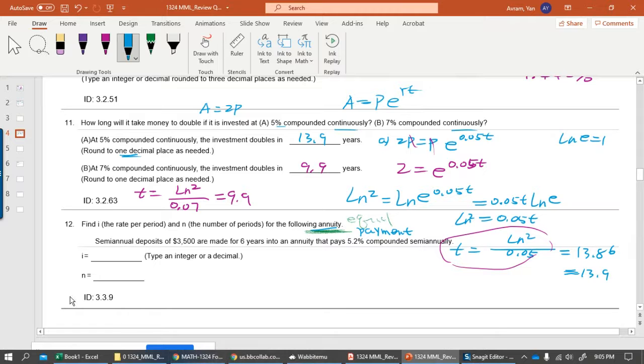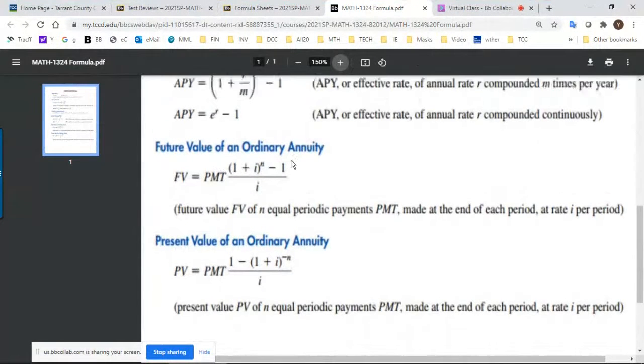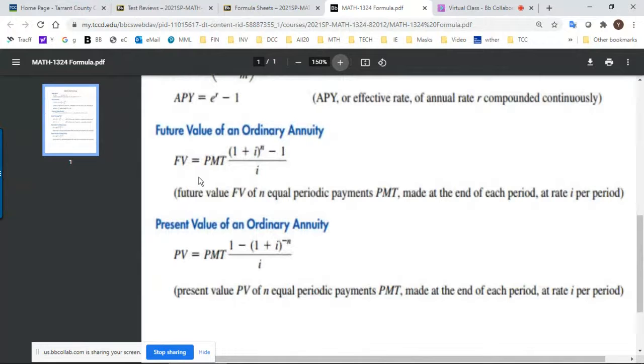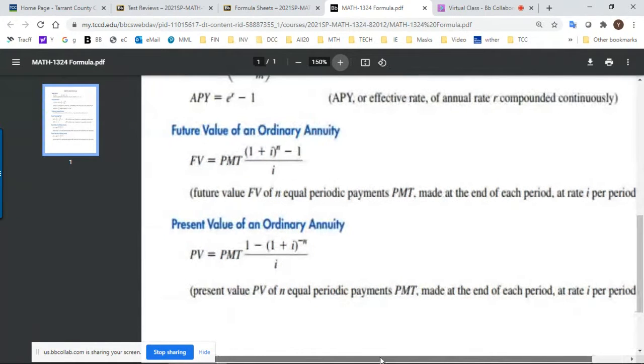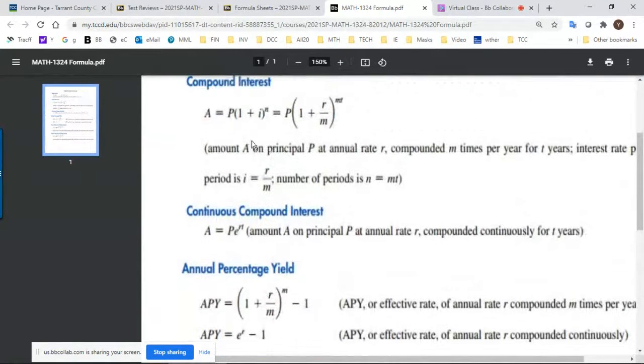If you really do not know what the I means in here, remember I said it earlier, we have a formula. Okay, so this is the annuity. Look at it, we have an ordinary annuity in here, and that is the present value and the future value. And I is the rate per period, okay? And how much is the I? It's the same thing.